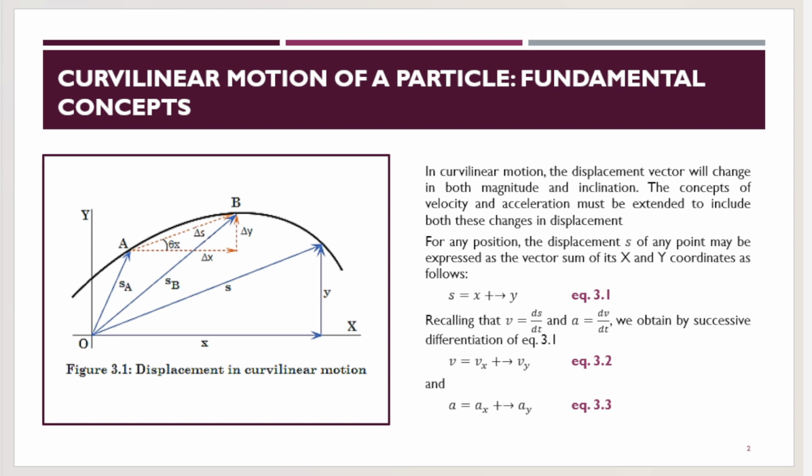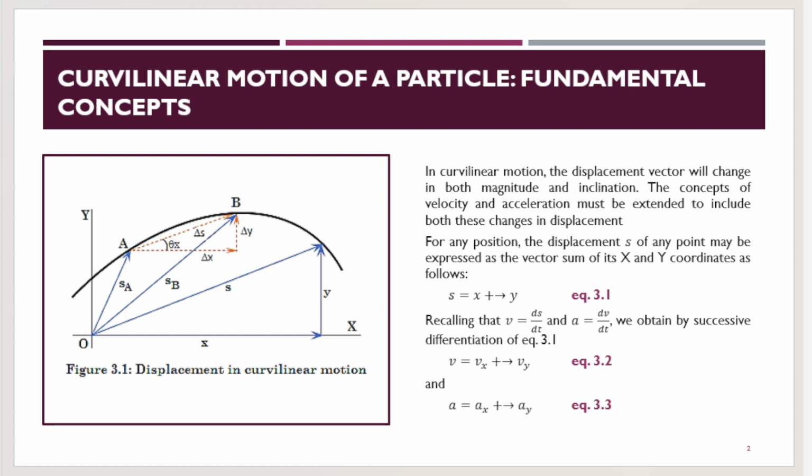You already noticed that there are equations coming from the figure. Here we could say that S is equal to X plus the horizontal displacement of Y. We have that V is equal to ds over dt, which you could still remember from our previous discussion. And A, or acceleration, is the first derivative of velocity with respect to time.